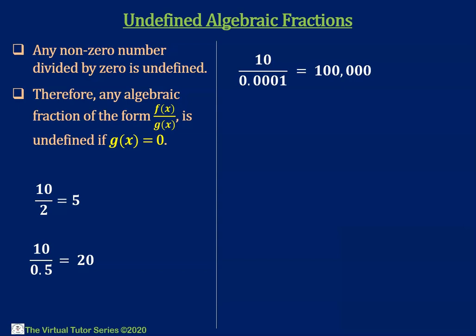Okay, let's reduce the denominator further to 0.000001. We will get 10 million.